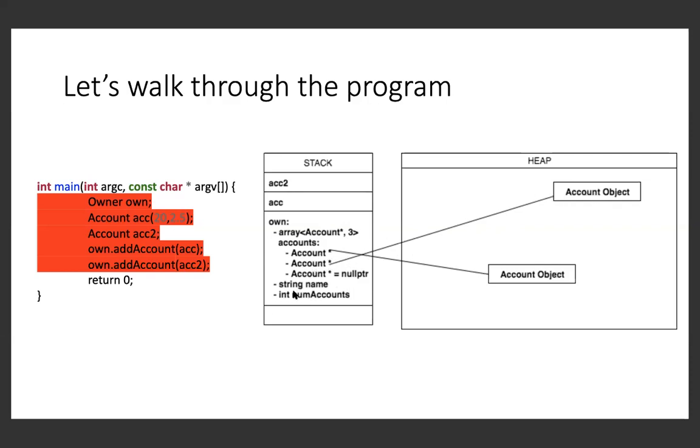And then number of accounts is incremented, which now will become 2. So if we add a new account after that, it will come to this item right here, the third one, which is index 2, 0, 1, 2. And then the number of accounts will become 3. If we add an account again, it will tell us that we've reached the maximum number of accounts.